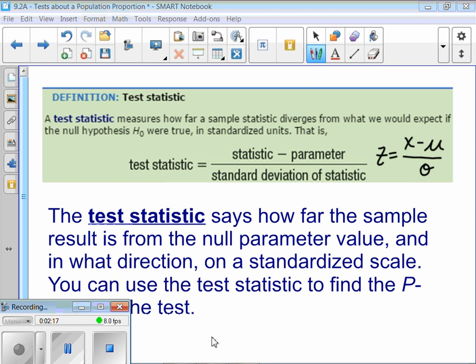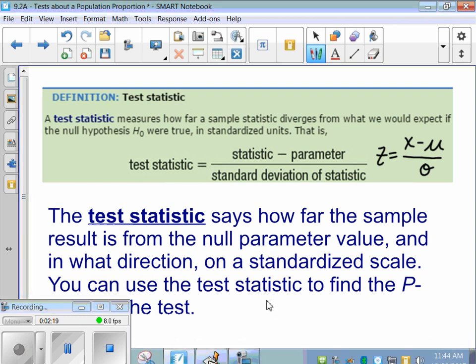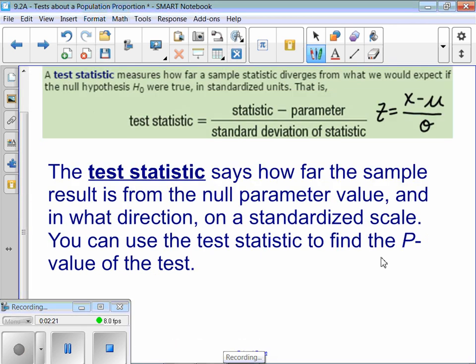So when we're doing proportions, our formula is going to look a little different. So we still have a z-score for our test statistic. This time our statistic is p-hat. So it's what we got in our sample proportion. And we're subtracting our p null, which is the null hypothesis, so like that 80% in the free throw problem.